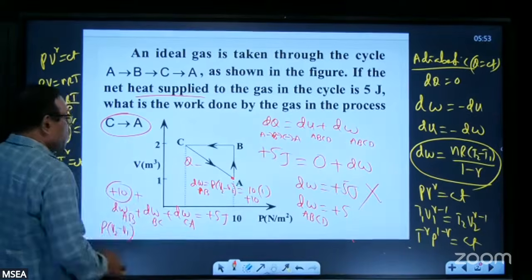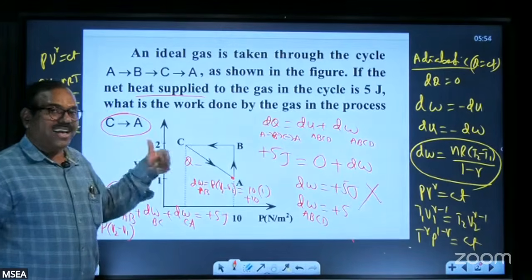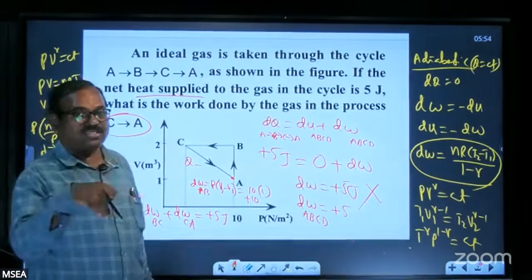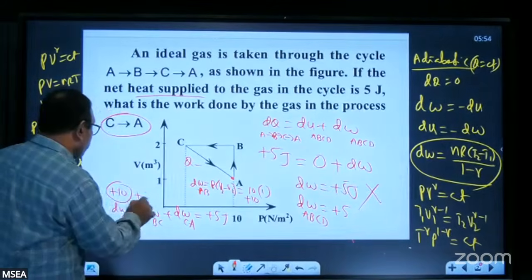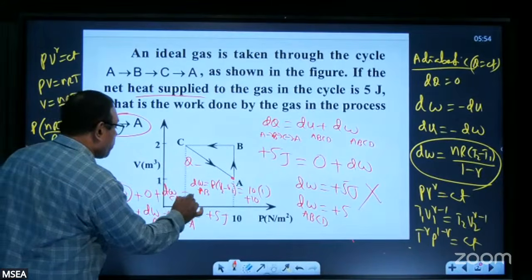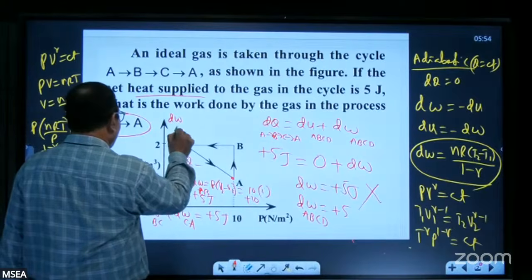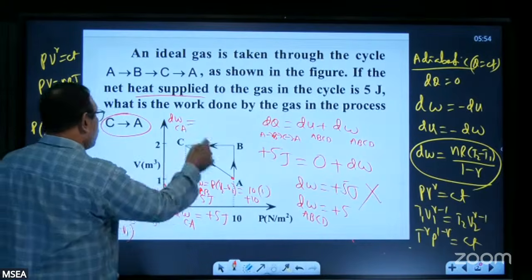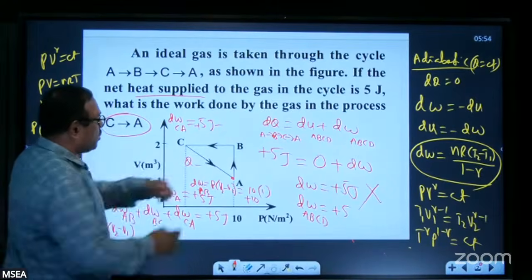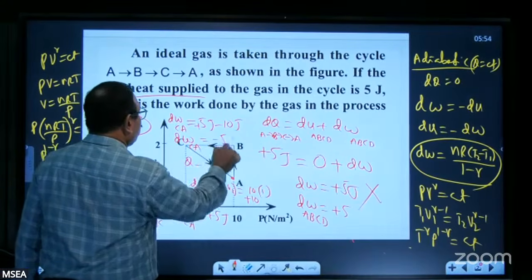What about B to C? B to C is what type of process? Volume is constant, so it is an isochoric process. In an isochoric process, work done is 0. Therefore, this is 0. And dW of C to A we have, which should be equal to plus 5 joules minus plus 10, which should be equal to C to A minus 5 joules.